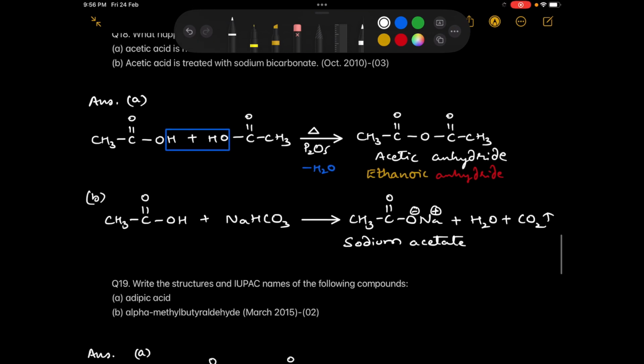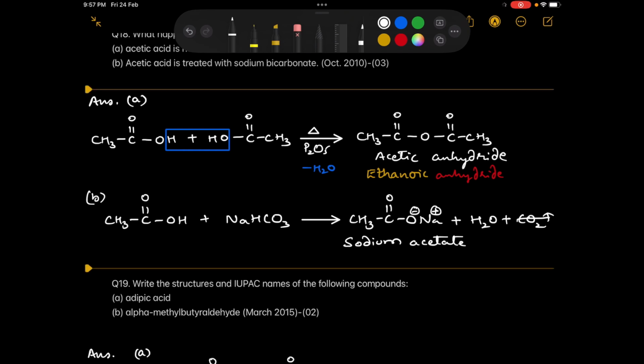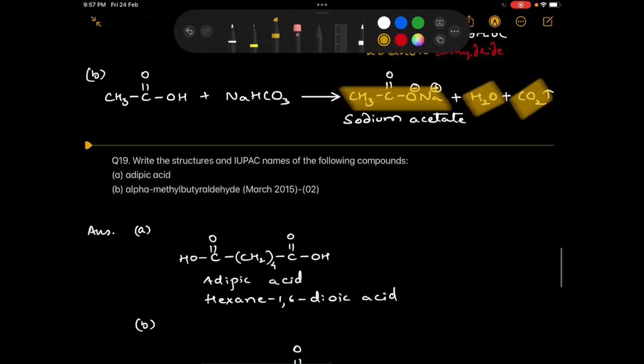See the next one, acetic acid is treated with sodium bicarbonate. Here acetic acid is an acid of course and sodium bicarbonate is a base, so that acid and base gives us salt and water, and since we are having a bicarbonate we also get carbon dioxide. So we get over here sodium acetate, water and carbon dioxide.